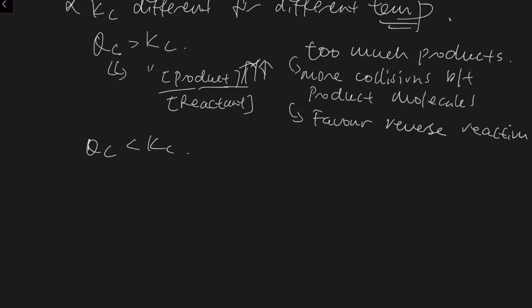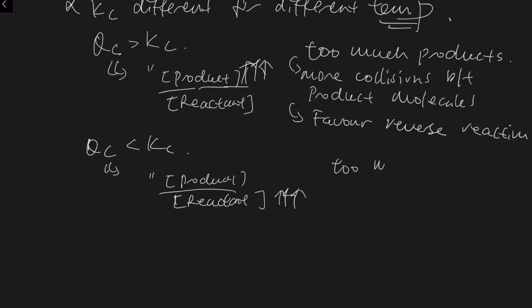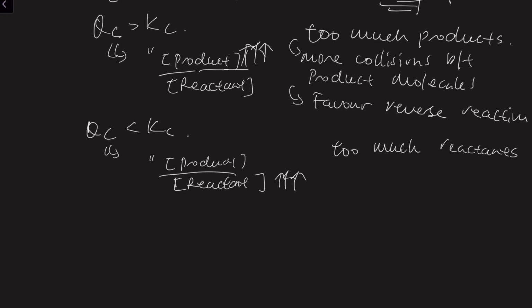If Qc is smaller than Kc, you should be able to guess the answer. So Qc is very, very small. So this means we have too much reactants. Then we have more collisions between reactant molecules.